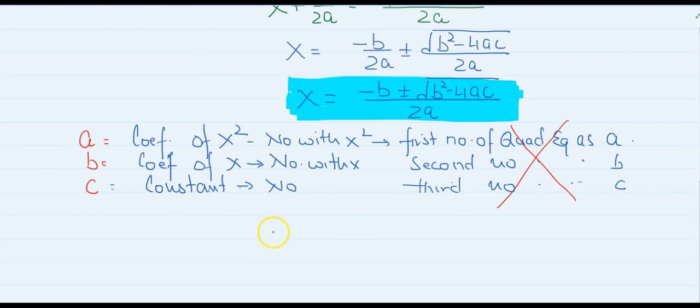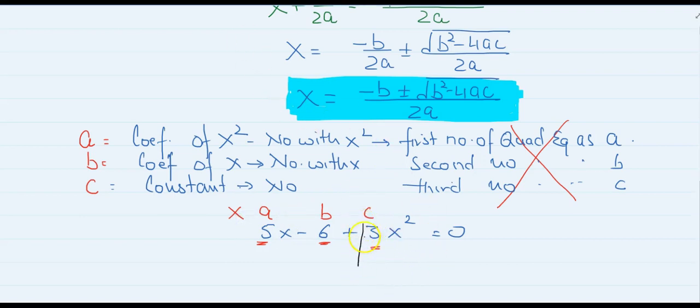If your quadratic equation is 5x − 6 + 3x² = 0, and you write this as A, this as B, and this as C, this is wrong.